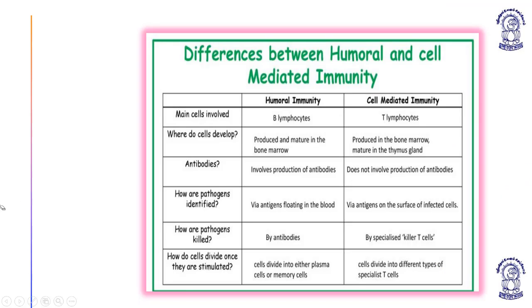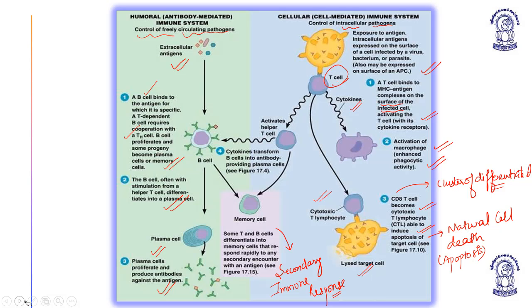This is the difference between cell-mediated immunity and humoral immunity. Now there is another category of antigen presenting cells, for example, dendritic cells. These cells are characterized by long cytoplasmic processes. They look like this.